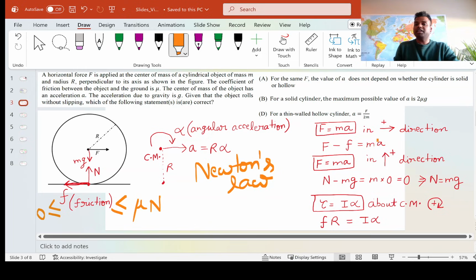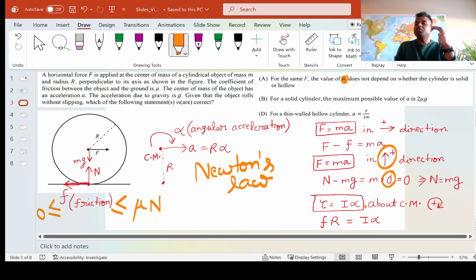A is the acceleration to the right at the center of mass. Then you write F equal to ma in vertical direction, and you will see N equal to mg because there is no acceleration in the y direction. So normal force equals weight.